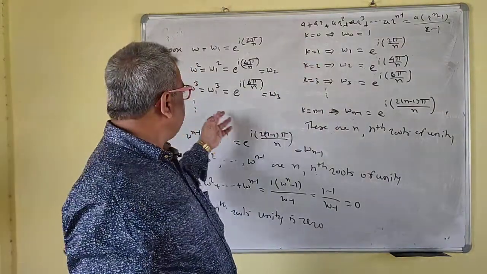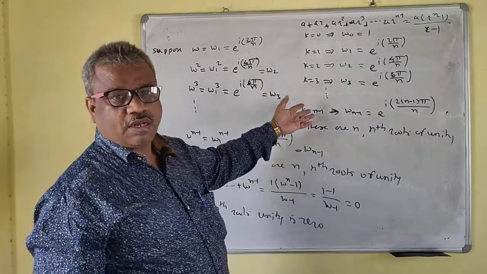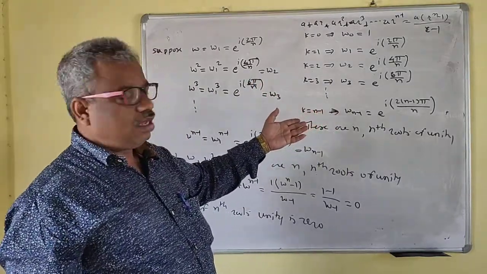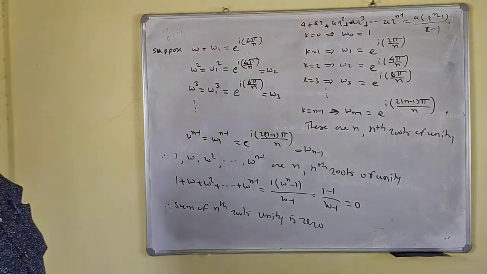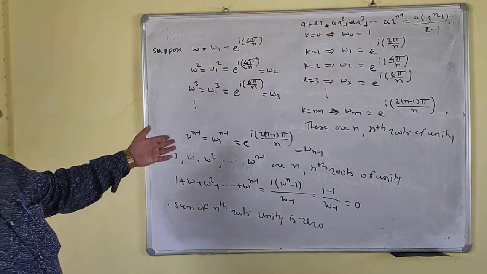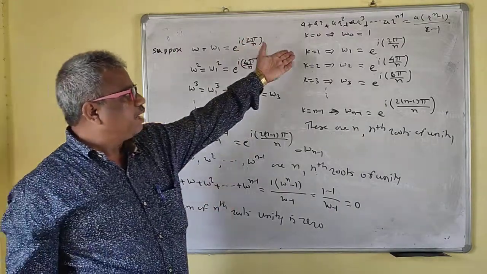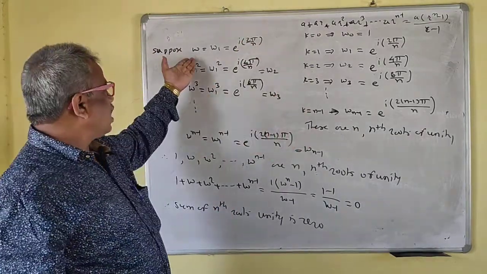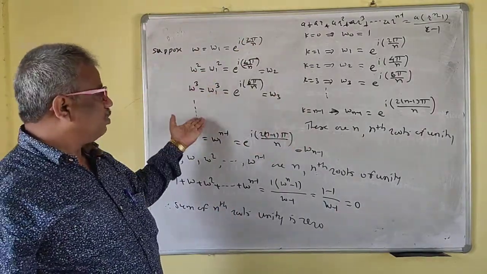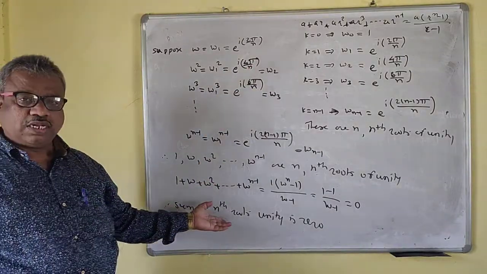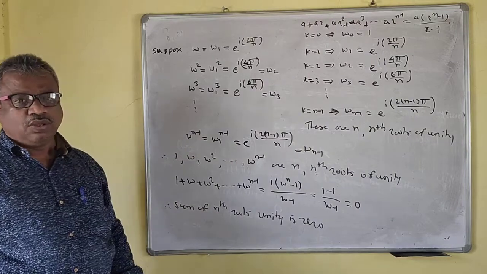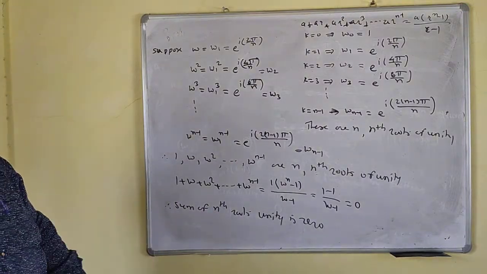Start from z to the power n is equal to 1, so z to the power 1 by n is what? 1. So start from this, find out for k equal to 0, and so on. Just write omega, omega square, like this. You have to write all those things, right? If the question is asked like this, show that the sum of nth roots of unity is 0. At least you should know that the sum of the nth roots of unity is 0.